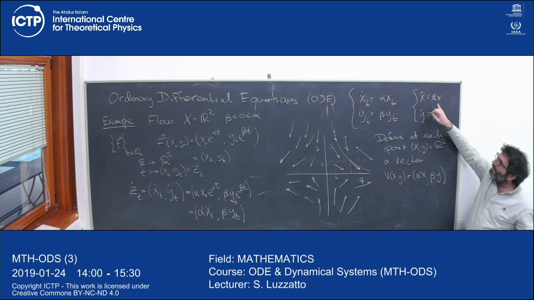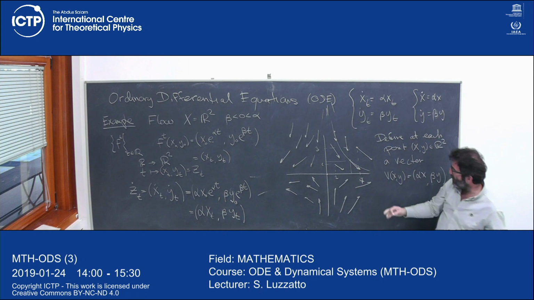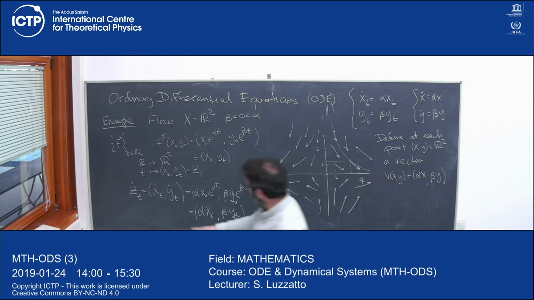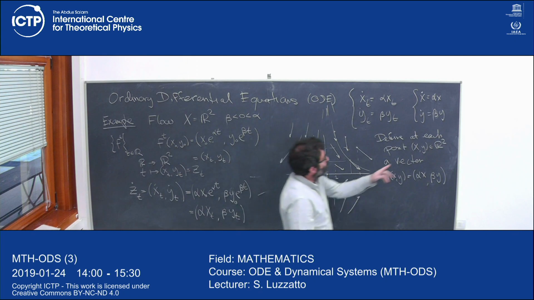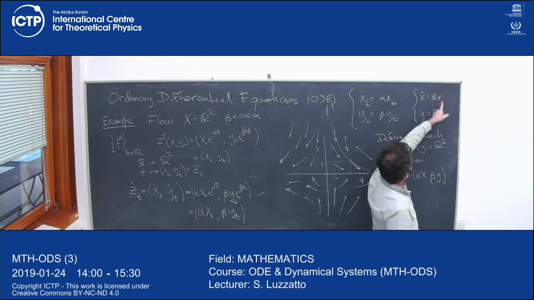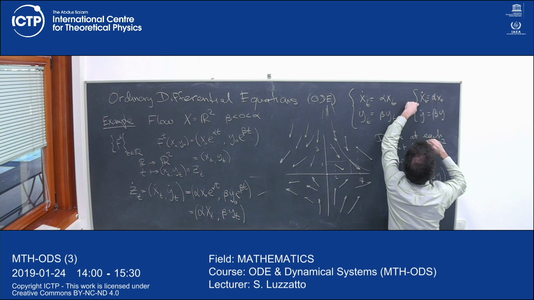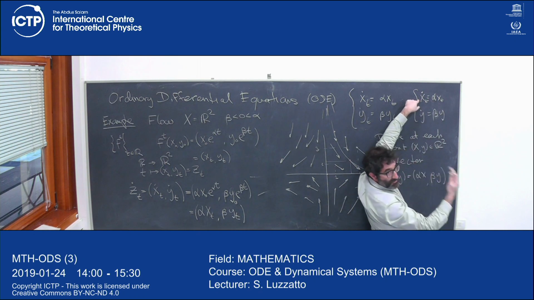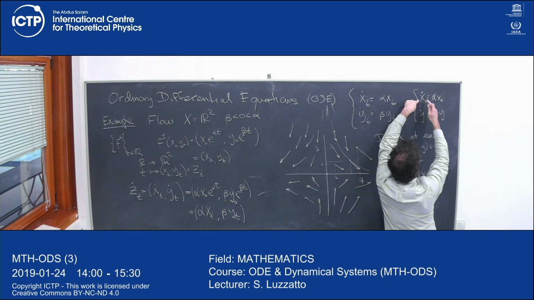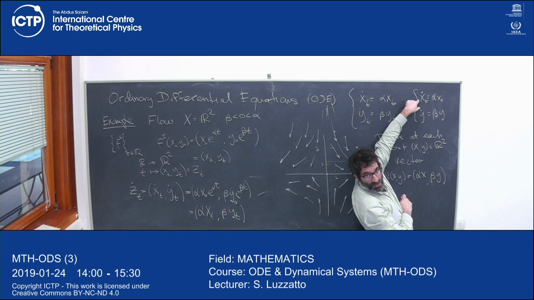What it means is there exists some parameterized function x of t, which satisfies this property. You want a function x of t whose derivative is equal to alpha times the position of the point x of t. That's what it really means.